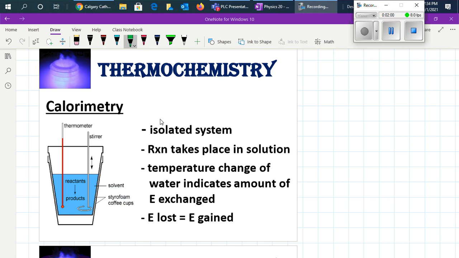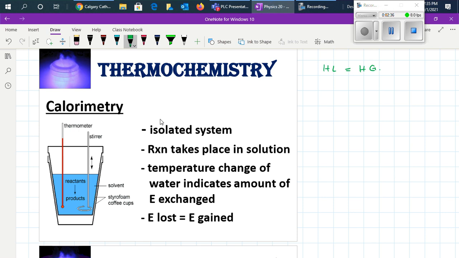The reaction takes place in a solution, and the temperature change of water, which is part of the laws of thermodynamics, is an indication of the amount of energy that is transferred from the chemical system to the surrounding. And since it is an isolated system, the heat lost is equal to heat gain.